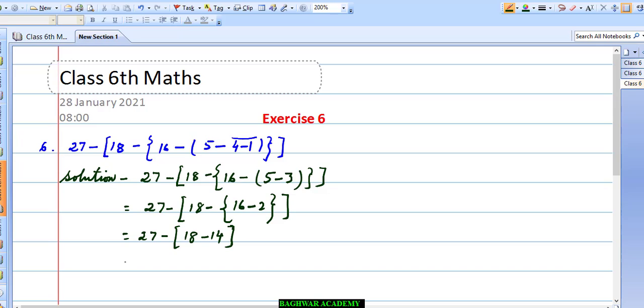Then we will have 27 minus 18 minus 14 is equal to 4. So finally we have 27 minus 4 is equal to 23, and this will be your answer. It was an easy question, but you need to follow the BODMAS rule, which you need to remember. I hope you understood. Next question we have.